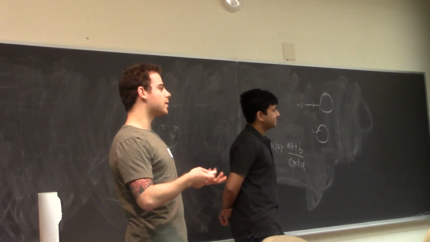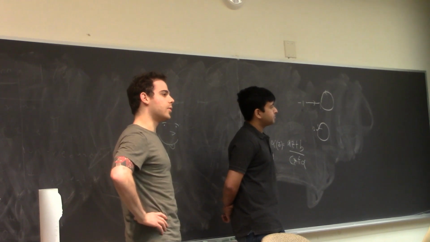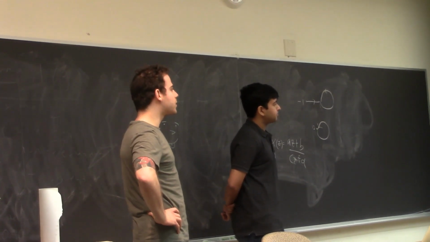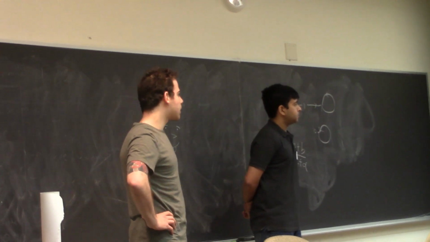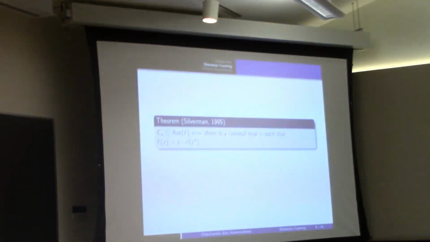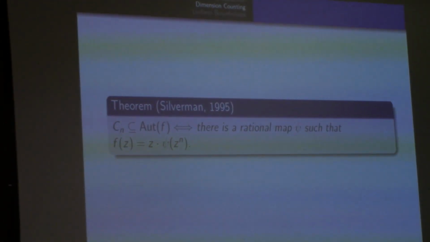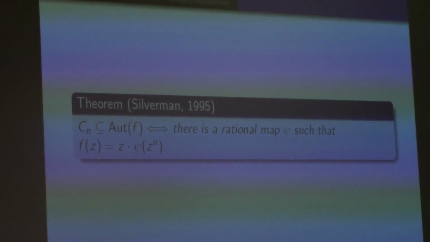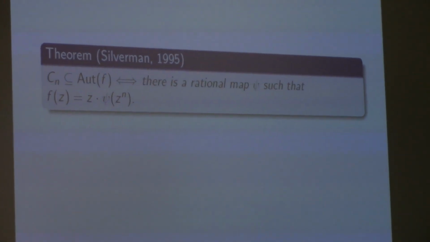So we consider this inclusion for the easiest case, which is just a cyclic group. And so you conclude that if you have some rational function f whose automorphism group contains a cyclic group, then it has to have the form z times psi of z to the n, where psi is some other rational map. So we have an explicit form for f.